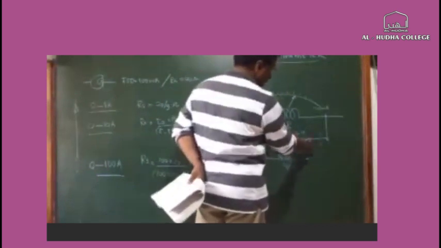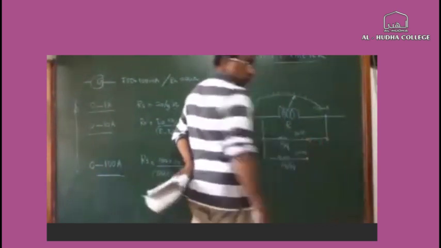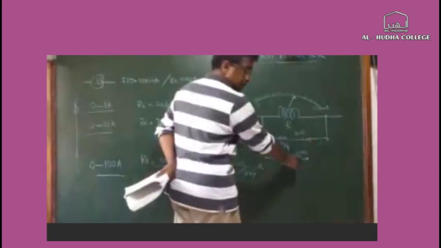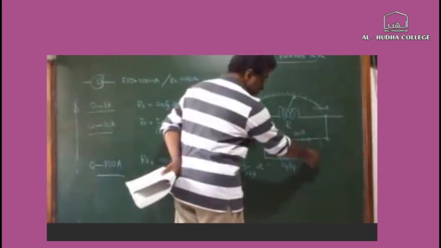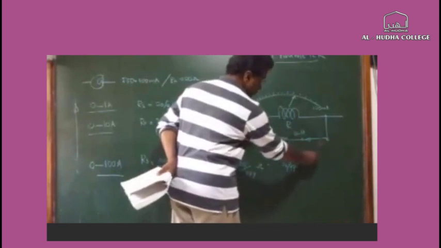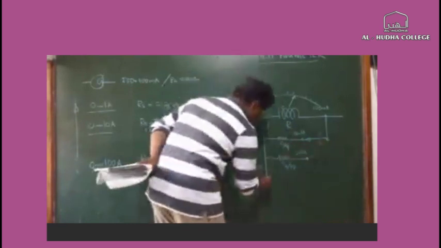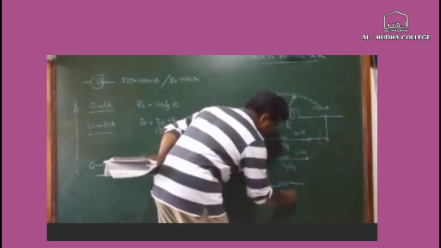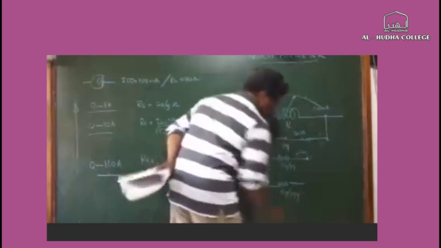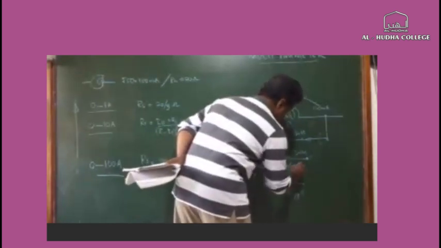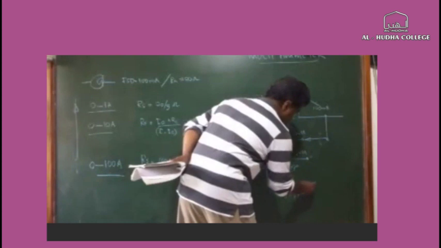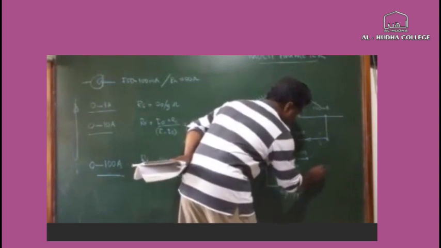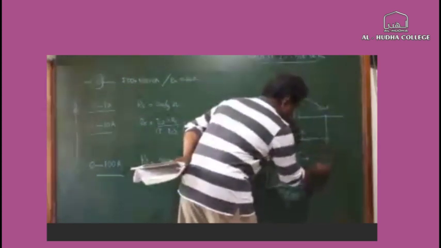Now, when you want to measure 0 to 1 amp, you select it here. When you want to measure 0 to 10 amp, you switch it here, right? Then if you want to measure 0 to 100 amps, you connect this 20 by 999 ohm, right? And it goes here. So likewise, you can keep increasing the range.